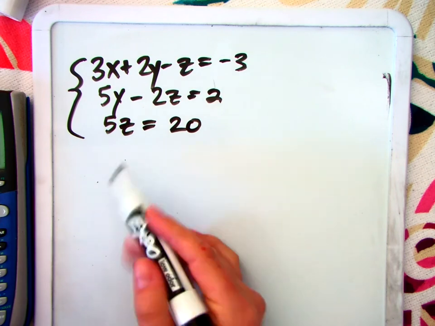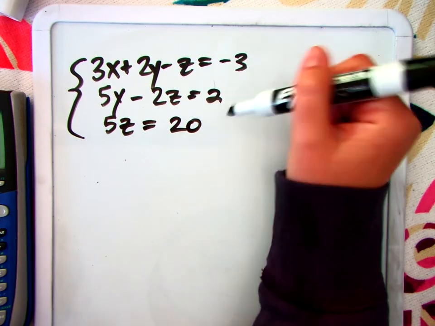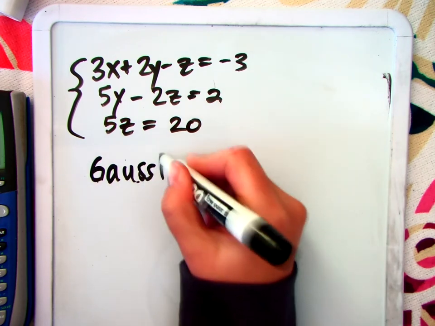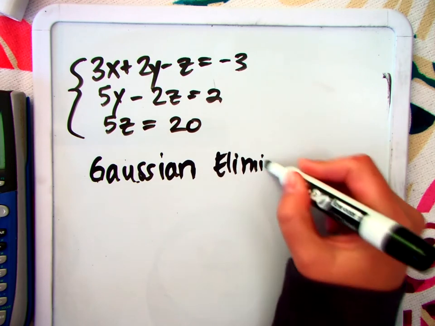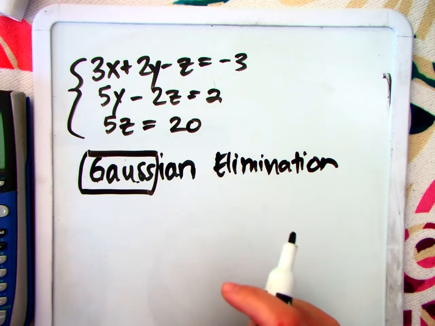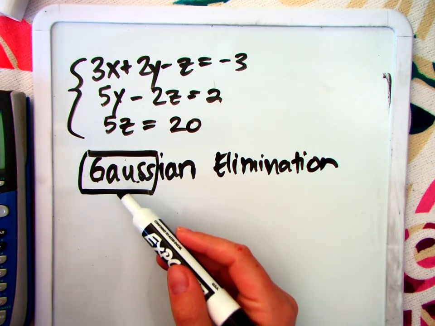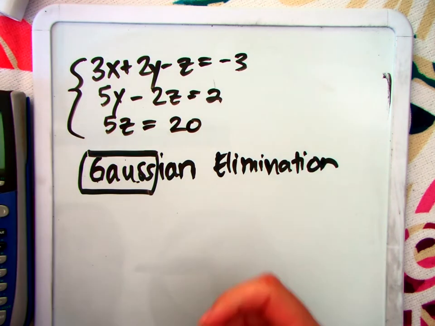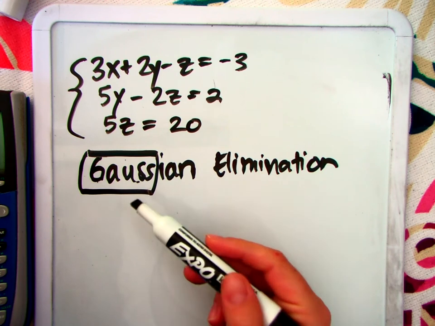So when we solve a system with 3 equations and 3 variables, we use something called Gaussian elimination. It's named after a mathematician, Carl Friedrich Gauss, and he developed it in the 1800s, and he used it to analyze the orbit of an asteroid.